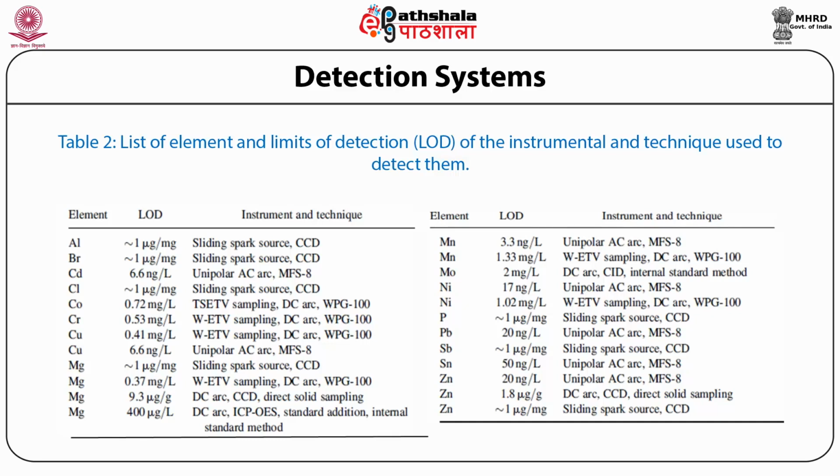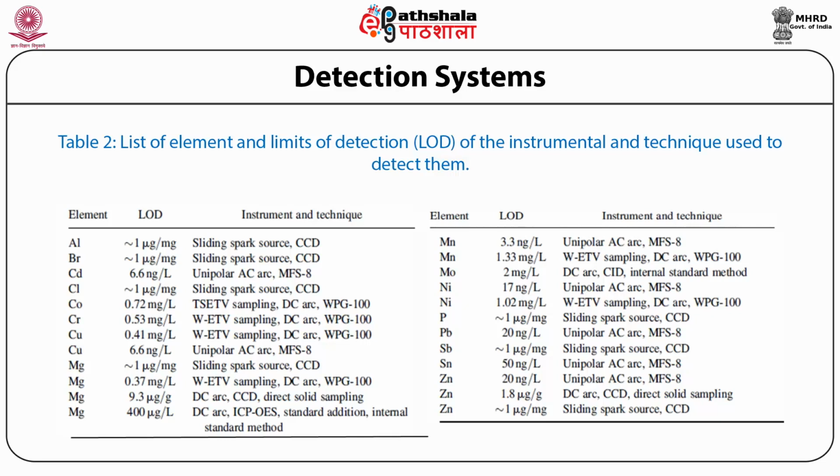In case of copper, a WET sparking system, sampling system, DC arc, and WPG 100 has been used with a LOD of 0.41 milligram per liter. By using CCD or DC arc direct solid sampling, the magnesium could be detected up to 9.3 microgram per gram.